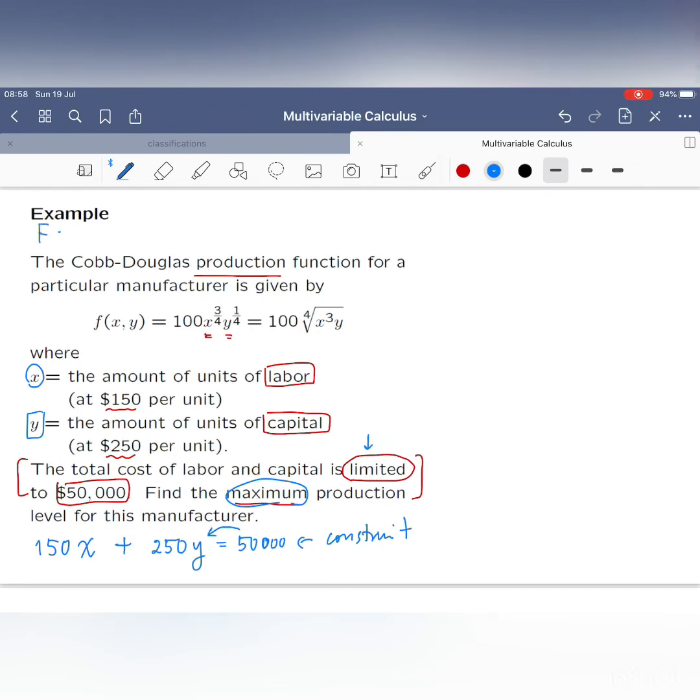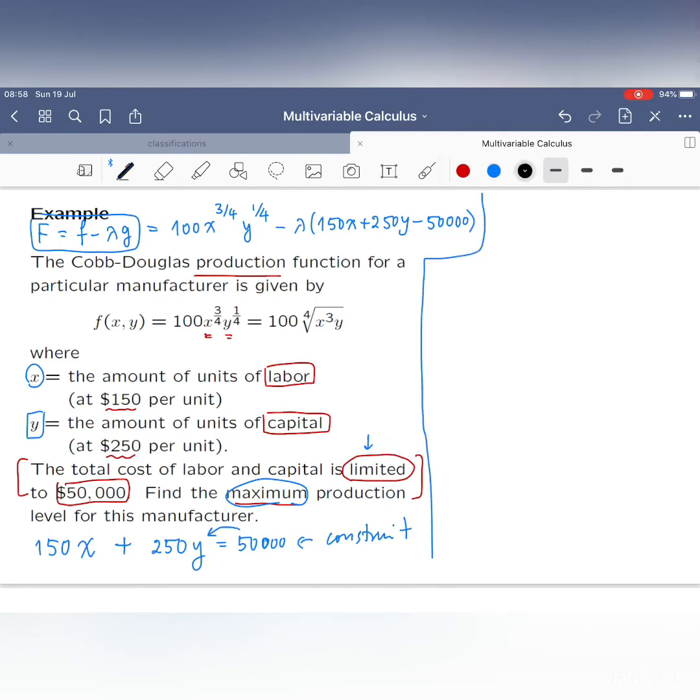And don't forget that to construct your function using a Lagrange multiplier, you need capital F equals small f minus lambda g. So here's your small f, x raised to the power 3 over 4, y raised to the power 1 over 4 multiplied by 100, minus lambda times 150x plus 250y minus 50,000.